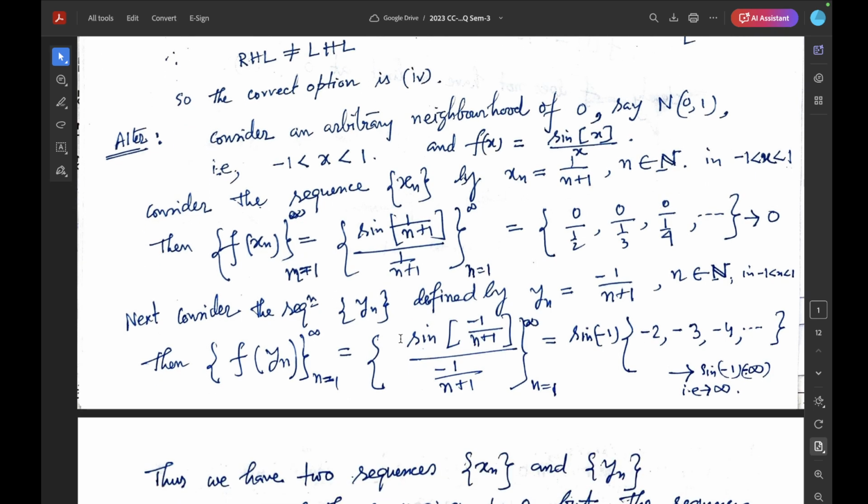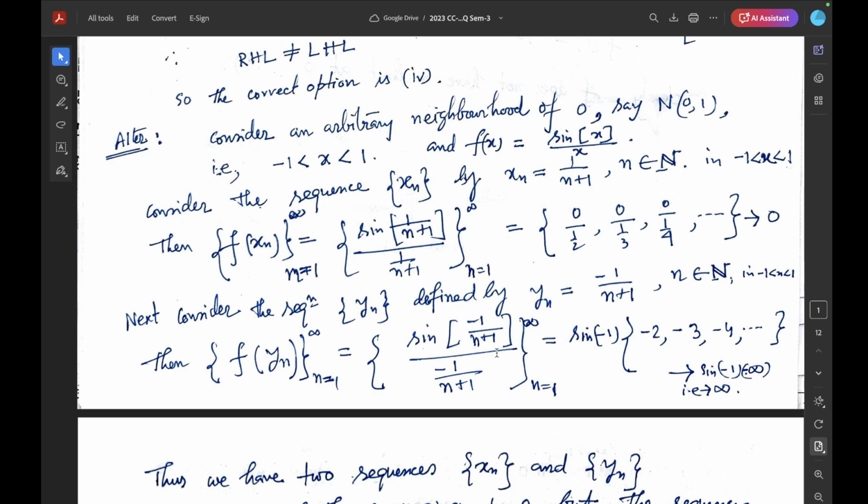Next, consider the sequence yn defined by yn equal to minus 1 by n plus 1, n a natural number, within the open interval -1 < x < 1. Then f(yn) equals sine of box of minus 1 by n plus 1, whole divided by minus 1 by n plus 1.